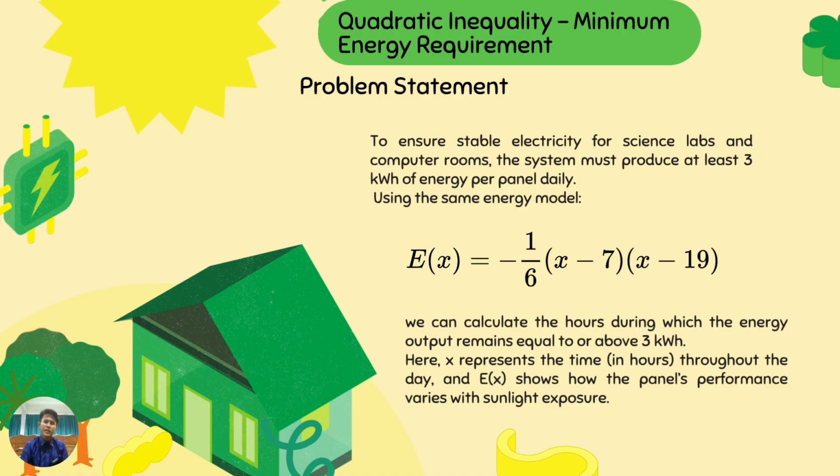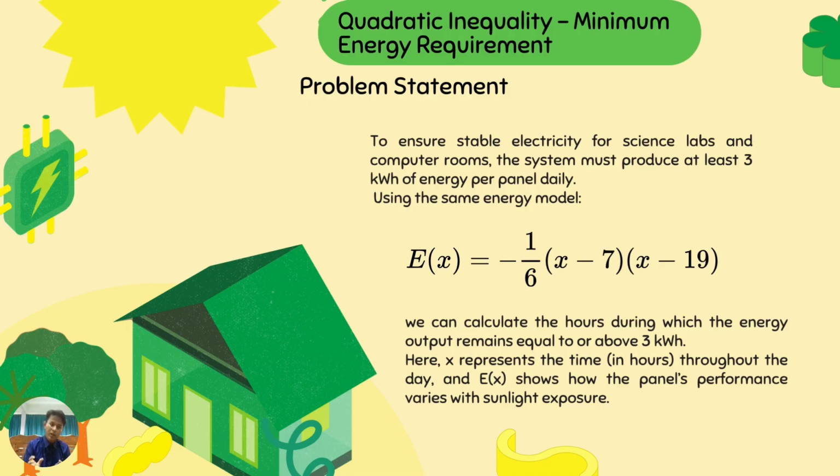Okay, for the quadratic inequality, which is the minimum energy requirement, the problem statement is to ensure stable electricity for the science lab and computer room. The system must produce at least 3 kilowatts of energy per solar panel daily.